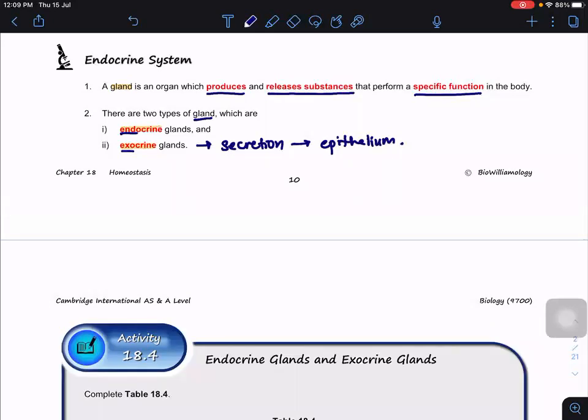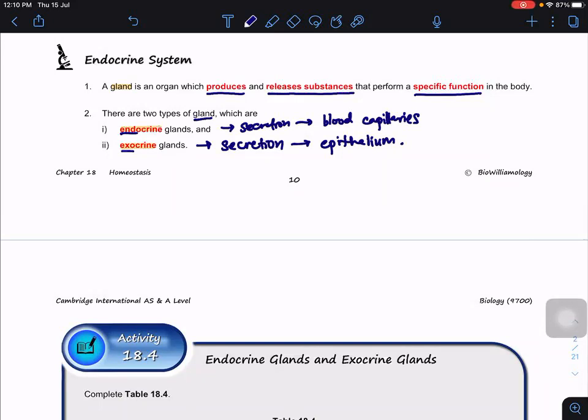Endocrine glands secrete into the blood capillary. Endo is always inside the blood capillary. It won't be secreted onto the surface of the epithelium.